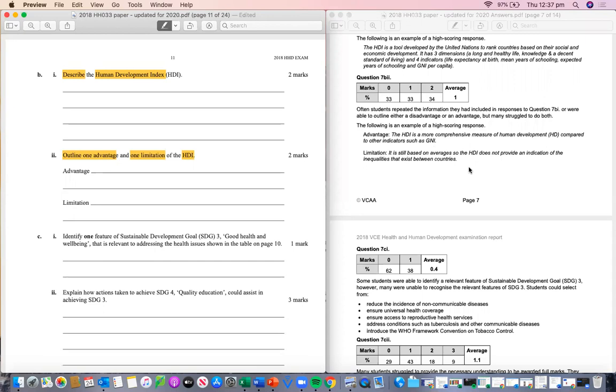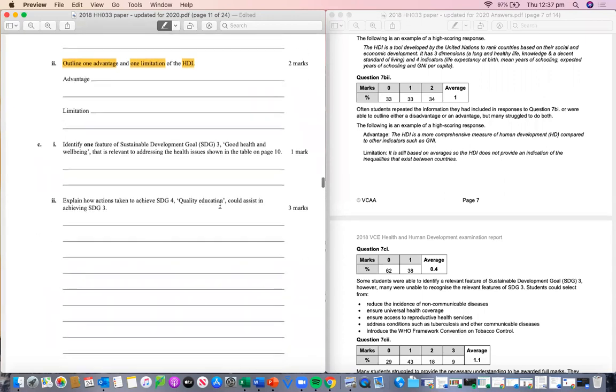A limitation is that it's based on averages, so HDI does not provide an indication of inequalities that exist between countries. Nice, easy response there. You could also state that data can be missing and so forth, things we've already used before. You answered this question in the previous SAC, so it should be easy to respond to.